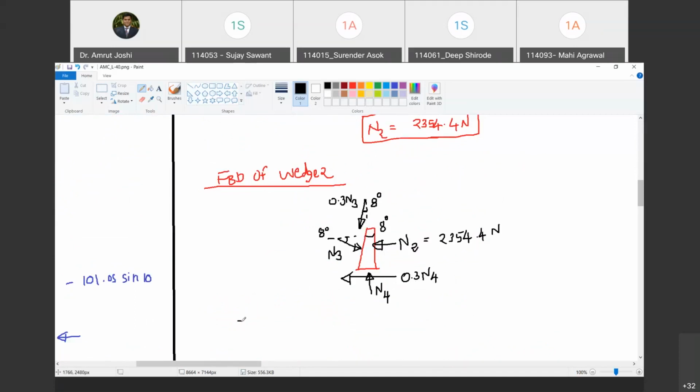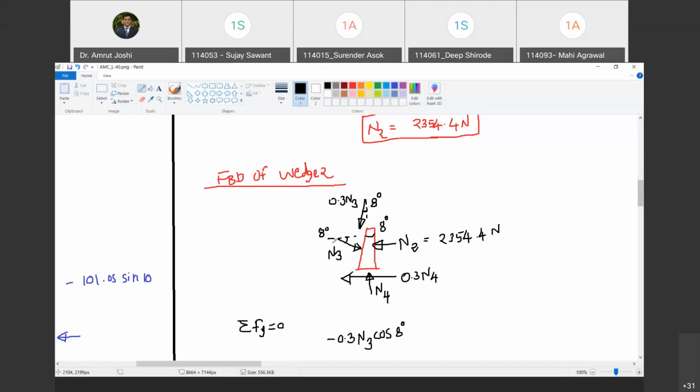Yes. Summation Fy equal to 0 is going to give you what? Tell me. Summation Fy equal to 0 gives you what? N4 minus 0.3 times N3 cos of 8 degree. Happy? Yes, sir.